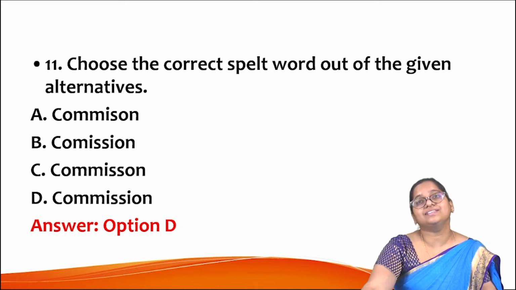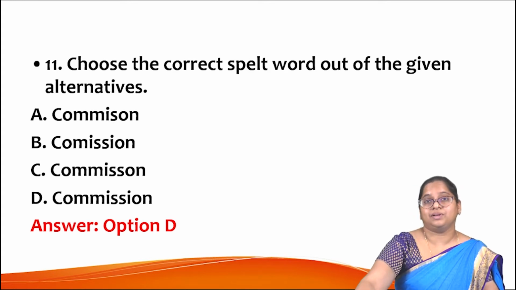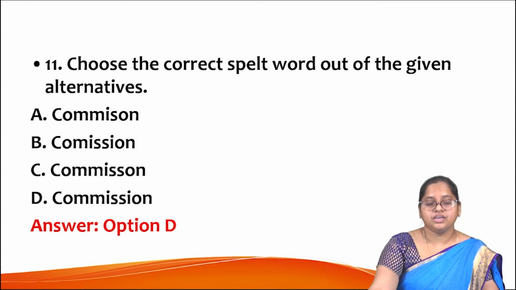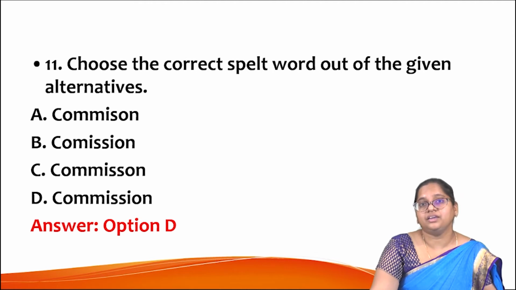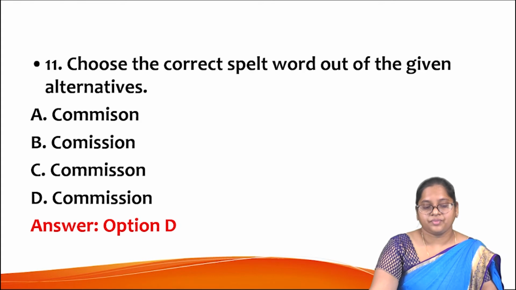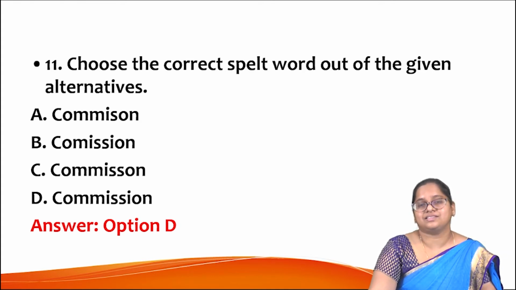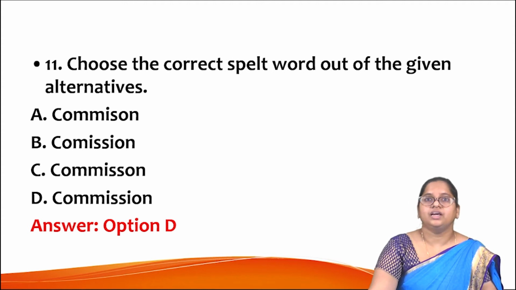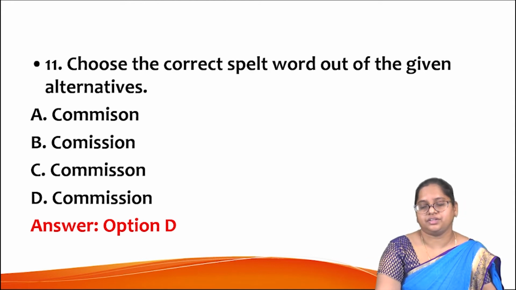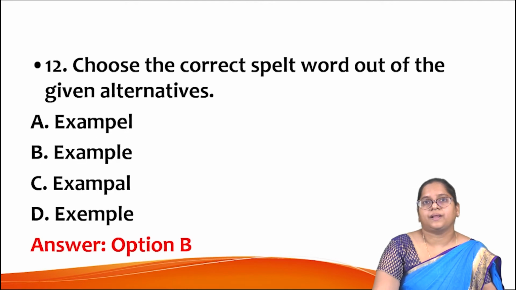B, only single M is used, but double S is used. C, that is also double M, double S. D, commission. So option D is the right answer. Double M will be there, double S will be there. That is commission, like mission, you are given a sign of work.